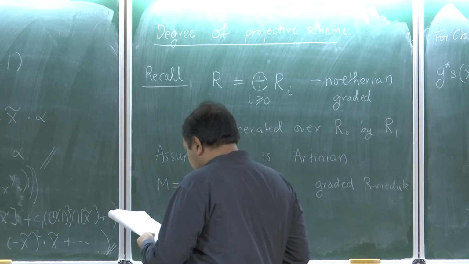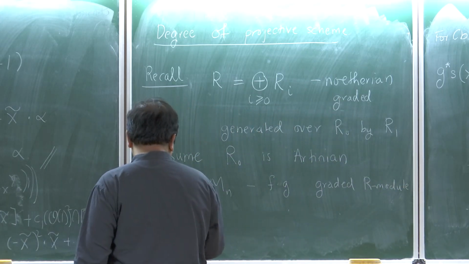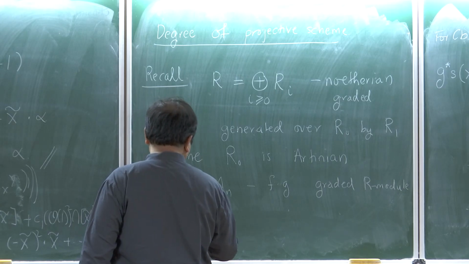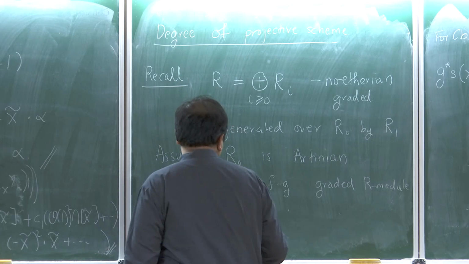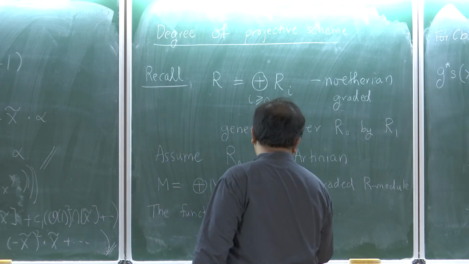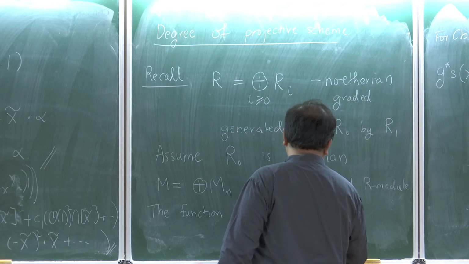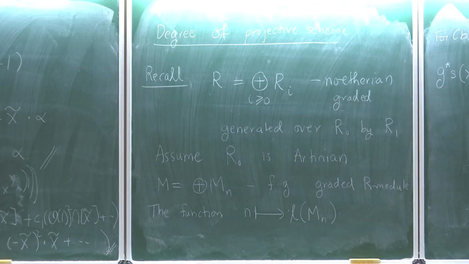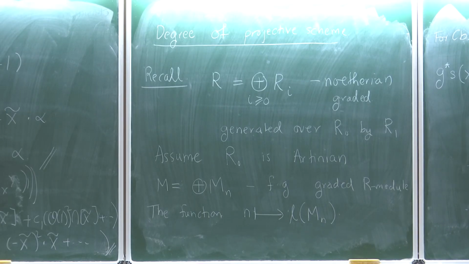So then if we consider the function n going to the length of M_n, right? What do we know about this function? That when n is sufficiently large, you can actually evaluate it by a polynomial, right?